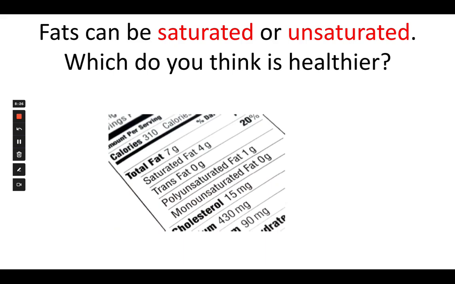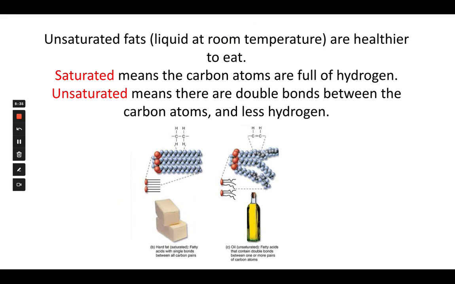So, fats can be saturated or unsaturated. Which do you think is healthier? So, unsaturated fats, which are fats that are liquids at room temperature, are actually healthier to eat. So, saturated means that the carbon atoms are full of hydrogen already, and unsaturated means that there are double bonds between carbon atoms and less hydrogen.